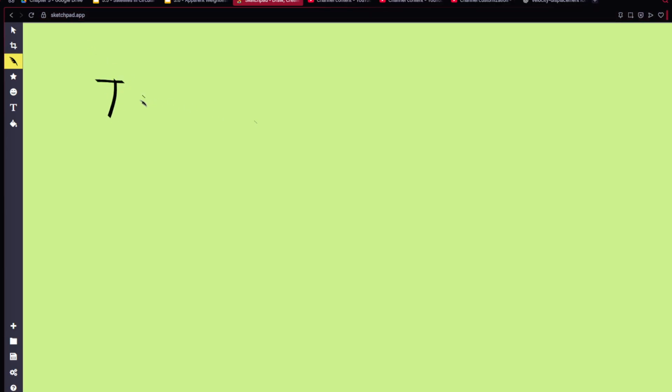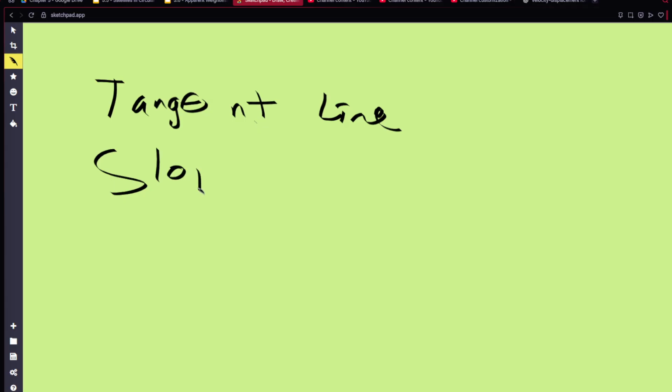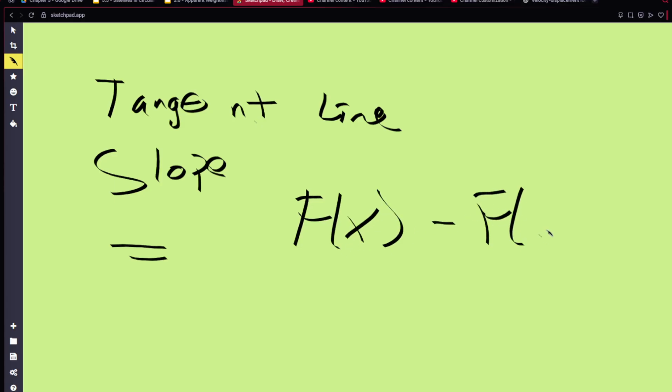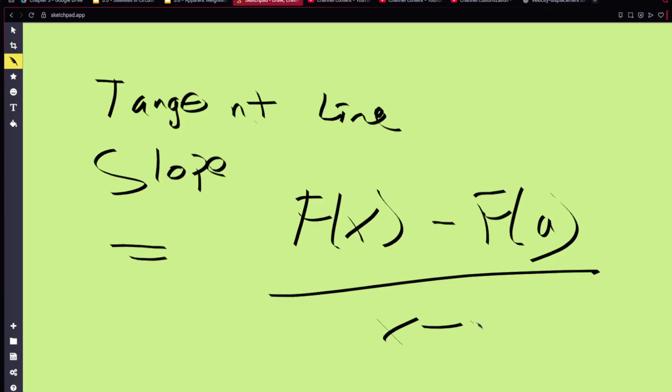So the tangent line slope, again, in the definition, would simply be, and this will be a difficult version because we'll simplify it later, f of x minus f of a over x minus a. And this is just a slope formula, y2 minus y1. But instead they use a because that's the point we choose. So if we want to choose the tangent line slope at 2, then all we do is replace a with 2 and x with a different value.